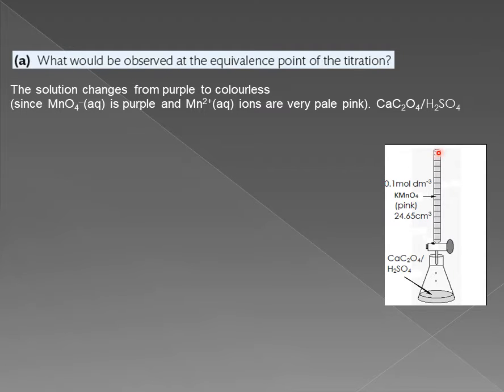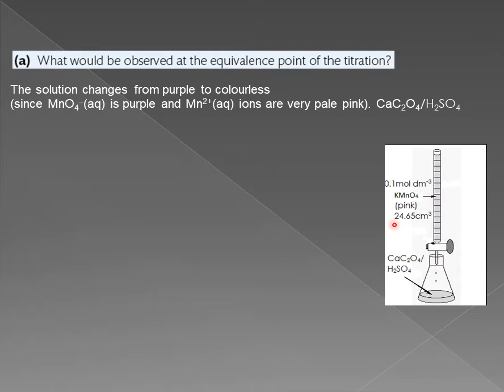So titration means we take a burette, add to it potassium permanganate, and as you know, potassium permanganate color is pink, and the concentration of it based on the given data is 0.1 molar or 0.1 mole per decimeter cubed.